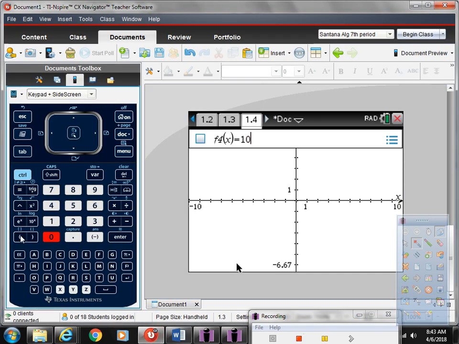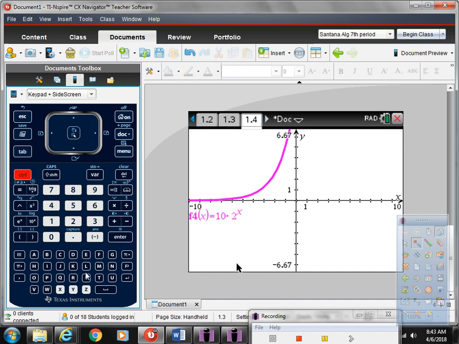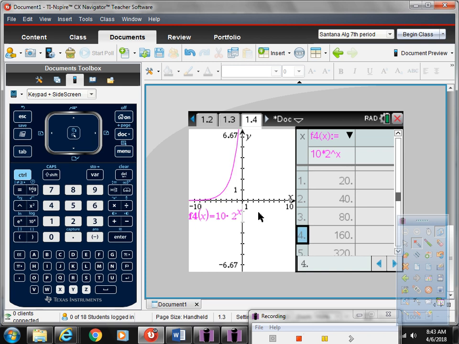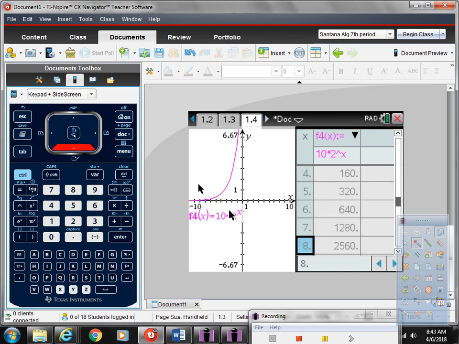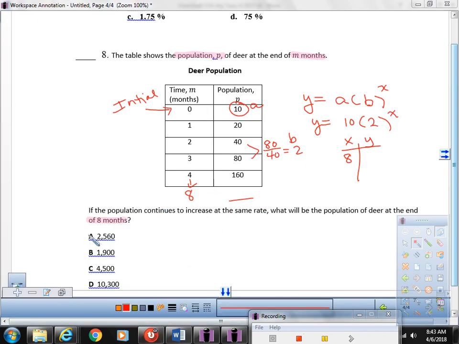There's nothing wrong with that. But this is what you would have wanted to do, is graph it, and then do a control T, and look up 8. Like you would have just scrolled all the way down to 8. So 2,560, which would have been 8. So again, you have to make sure that you understand how these equations work. It makes it a lot easier.